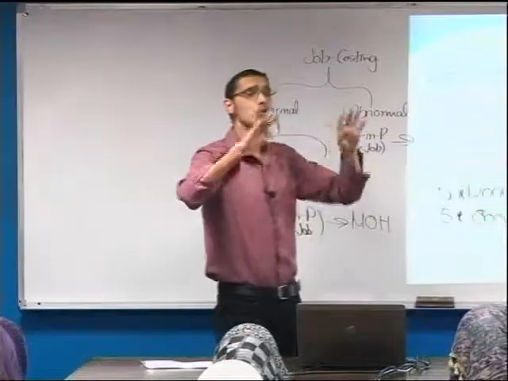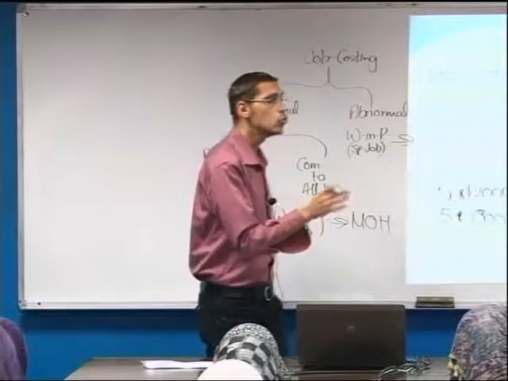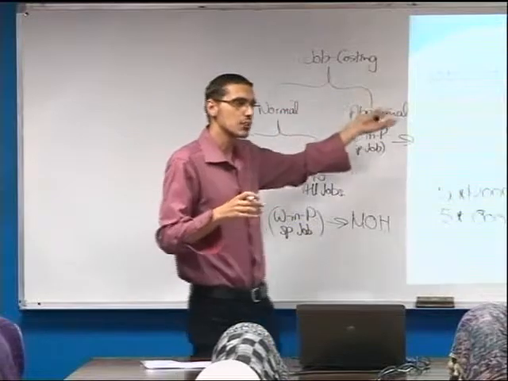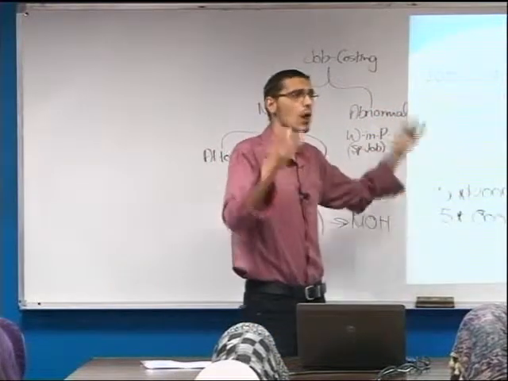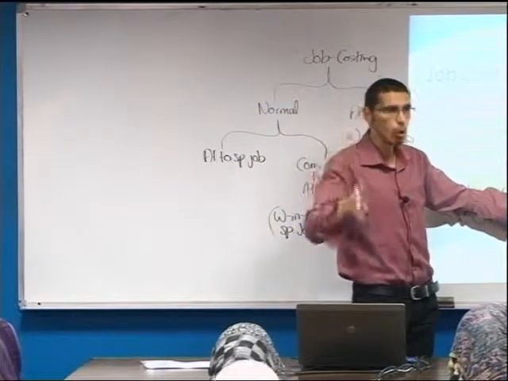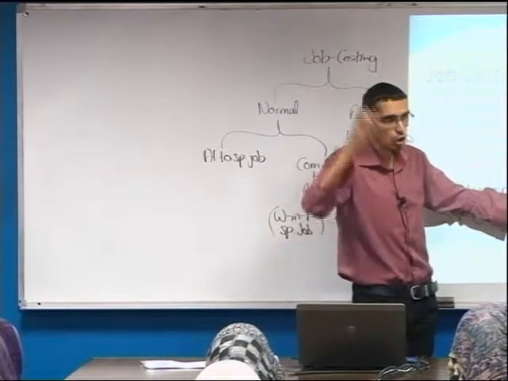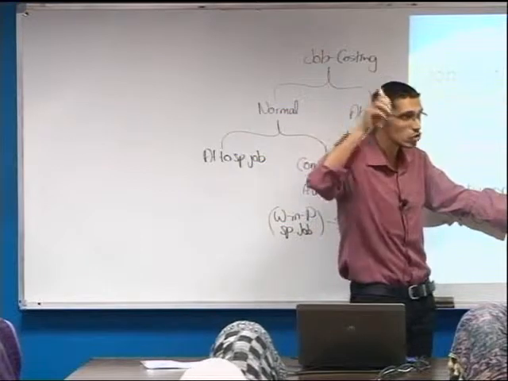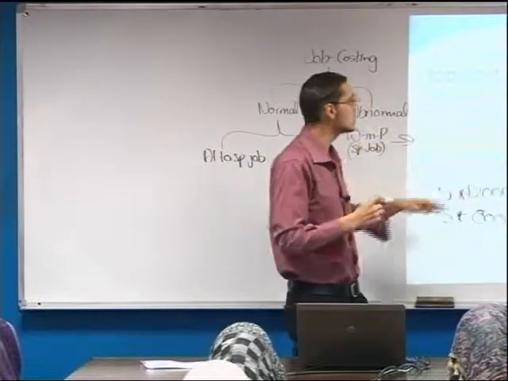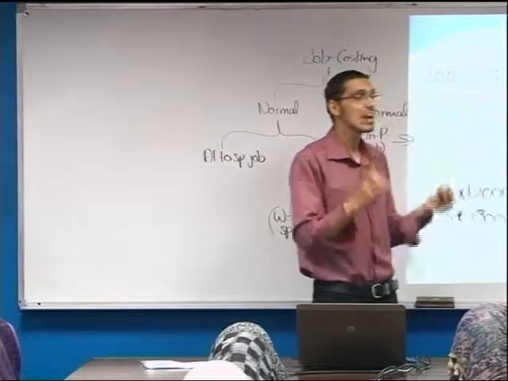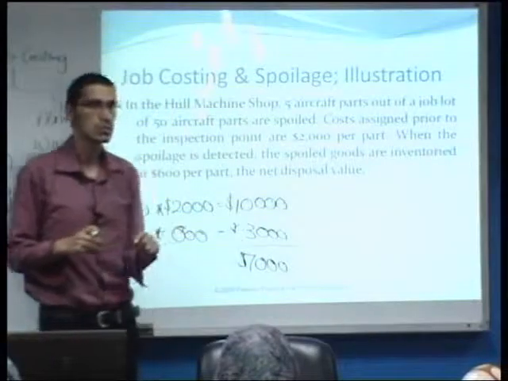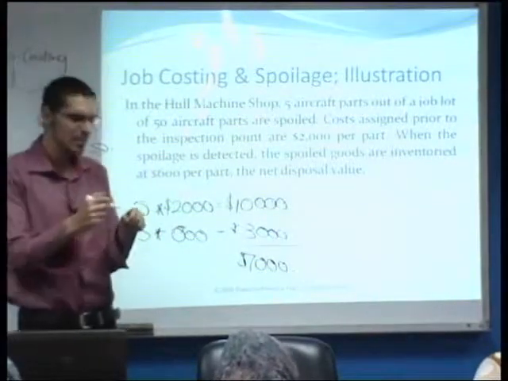If I'm not going to do the journal entry that we have just seen, we are going to carry the 10,000 as the cost of spoiled units attributable to this specific job. But in this case, because we have a disposal value, the correct amount to be carried is not the 10,000 but the 7,000. So how are we going to achieve this?